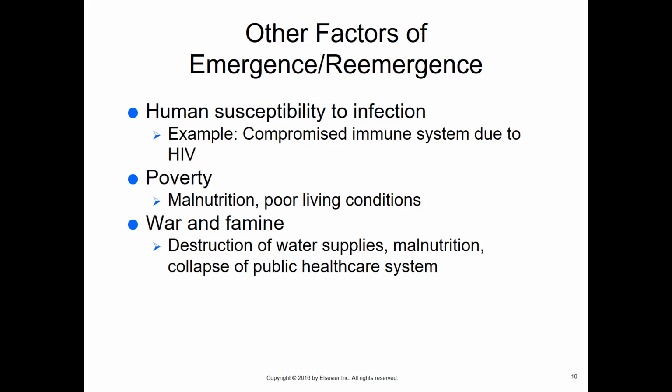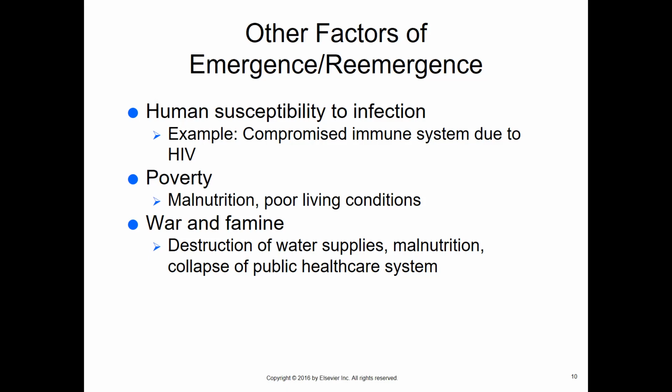Other factors included are human susceptibility to infection. A compromised immune system from things like HIV infection, a transplant, or some immunosuppressive drugs, chronic disease, or aging increases the susceptibility of the human to emerging and reemerging disease.